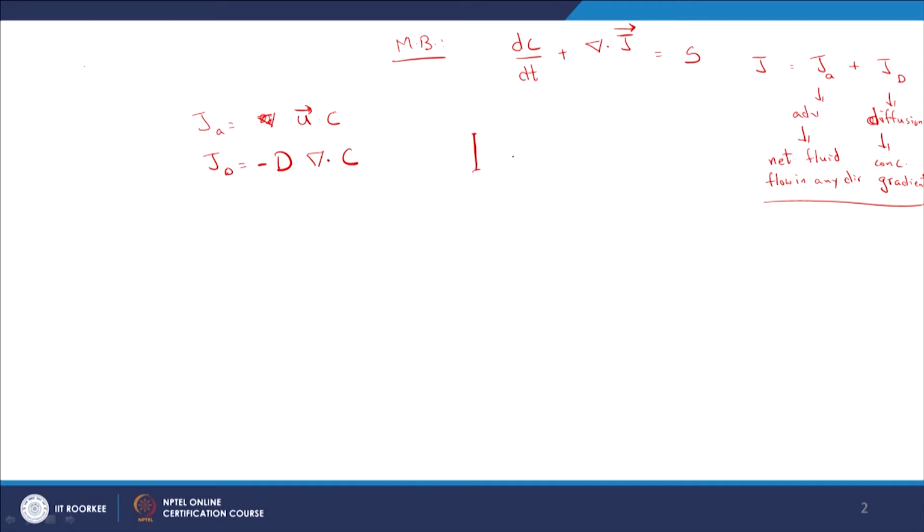So if the concentration is higher here and lower here, the compound would move from point A to point B. Again, random motion, so that after a certain time you are going to have the concentration at the same levels throughout.